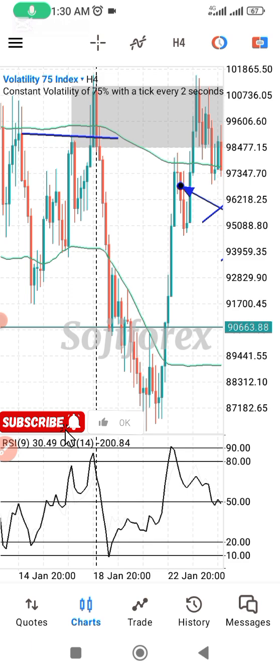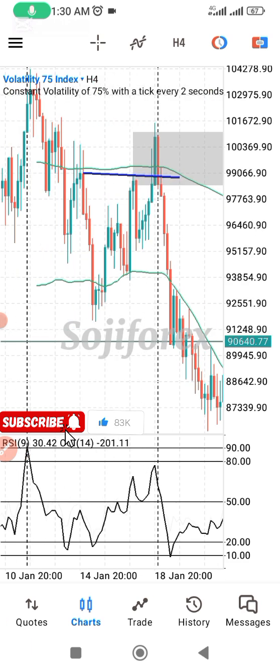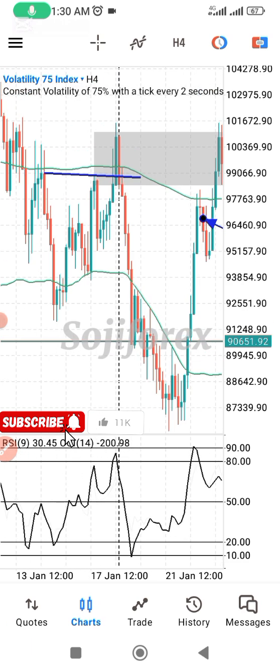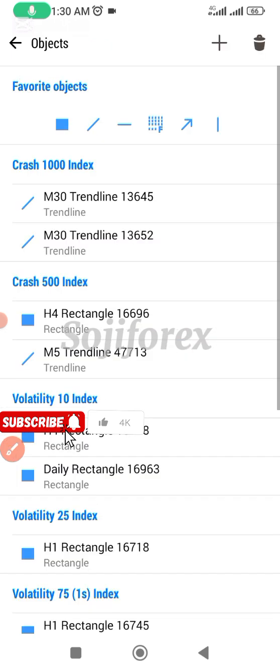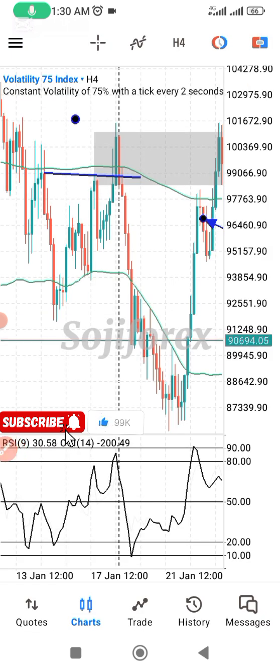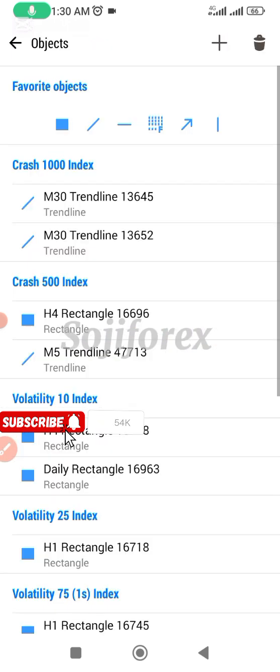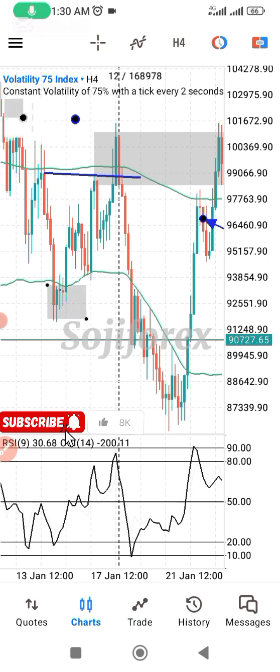But let me show you something else. This is what I mean by forcing a reversal. Now, do you know when price left this zone and went to the upside, automatically this zone becomes like a support zone, right?